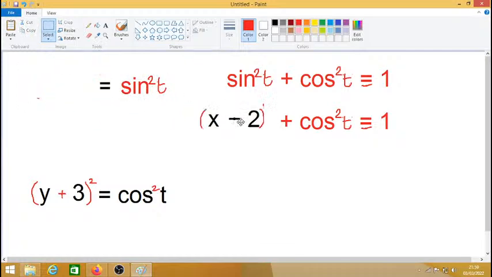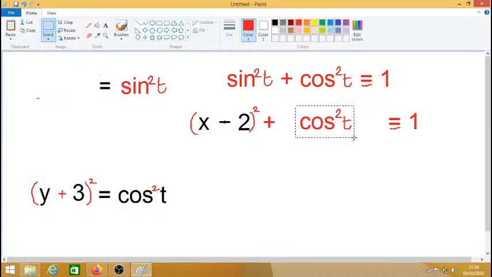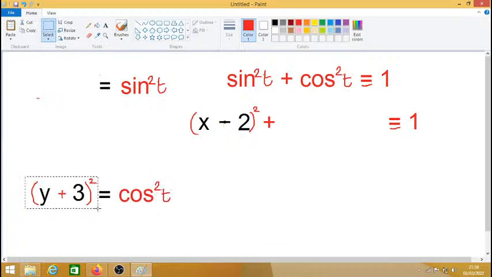And then similarly the cos squared t can be swapped for y plus 3 squared.